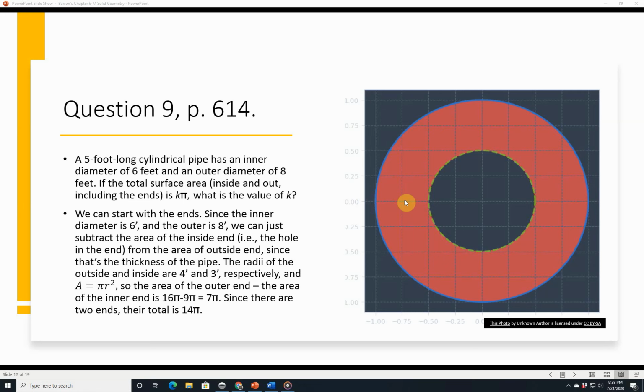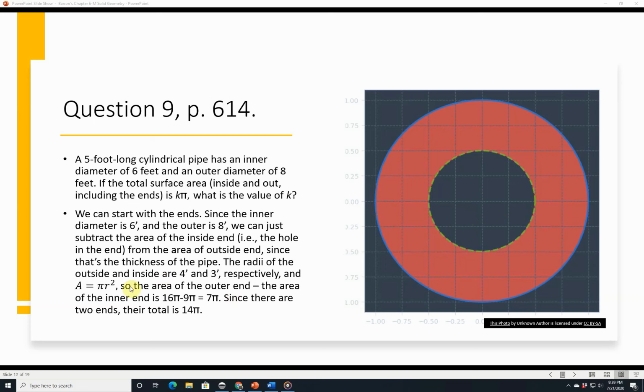Anyway, we can just subtract the area of the inside end, that is the hole in the end, the 6-foot diameter hole, from the area of the outside end, which would be the end of the 8-foot diameter end, and that's the thickness of the pipe. So the radii of the outside and the inside are, this is 4 feet from the center to the outside, and then it's 3 feet to just the end of the inside.